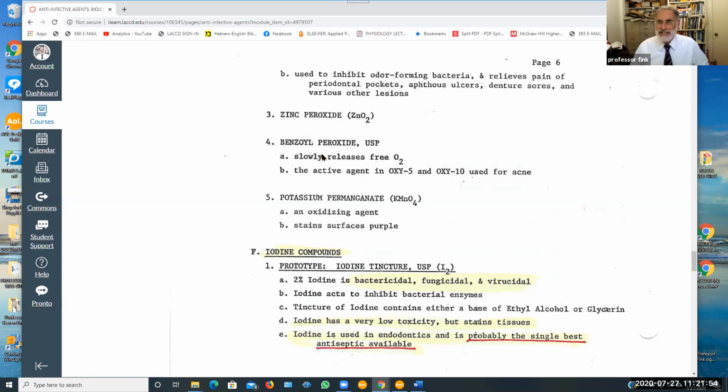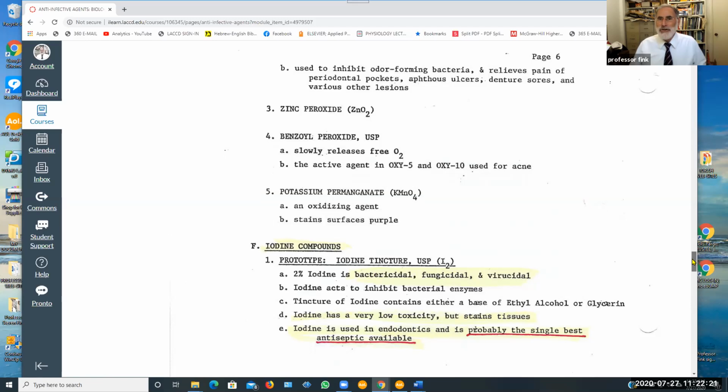People suggest taking zinc supplements to reduce your risk of cold viruses, and it's combined with peroxide, which gives off oxygen. Benzoyl peroxide is found in Oxy 5 and Oxy 10, which are applied topically to the skin for acne, especially effective against anaerobic bacteria. And potassium permanganate gives off oxygen, and it's an oxidizing agent as well.